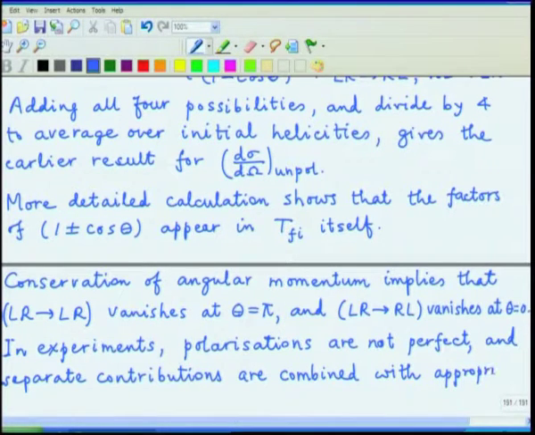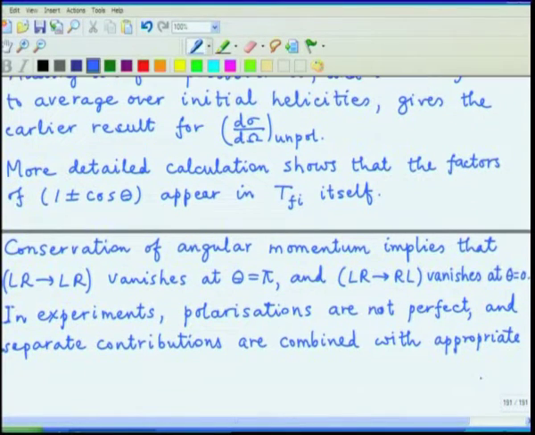So, one can actually go all the way from the unpolarized case where there are no weight factors, or rather the weight factor is uniform for all possibilities, to partially polarized where some contribution is more than the other, to totally polarized where one particular contribution dominates over everything else.